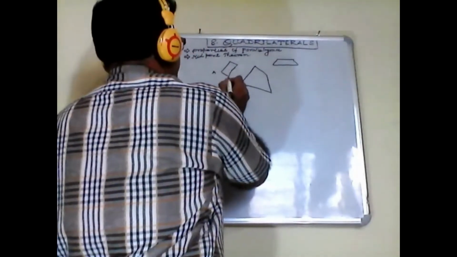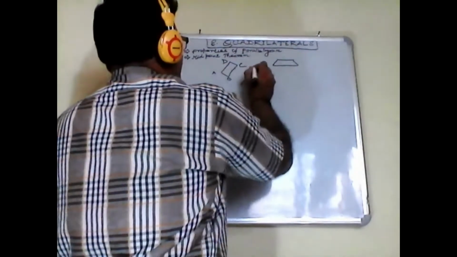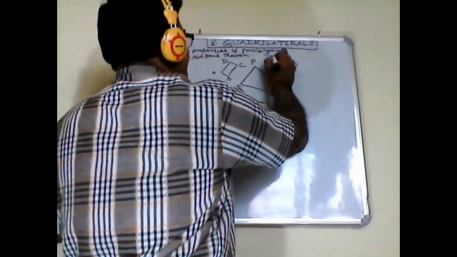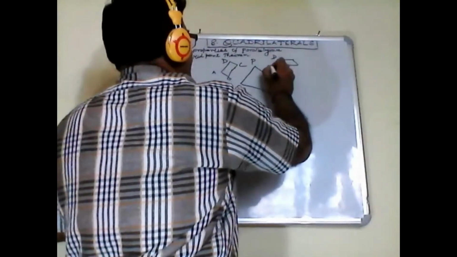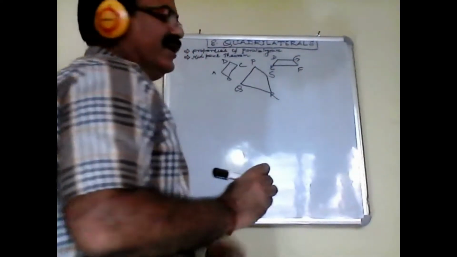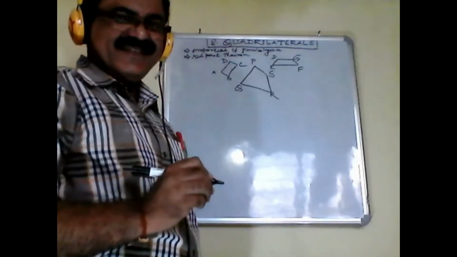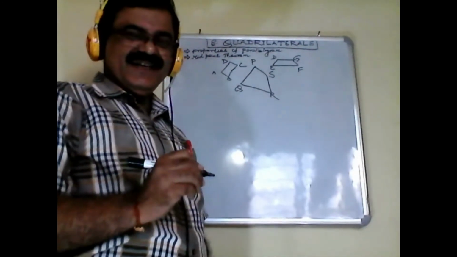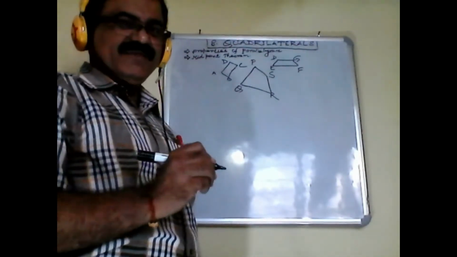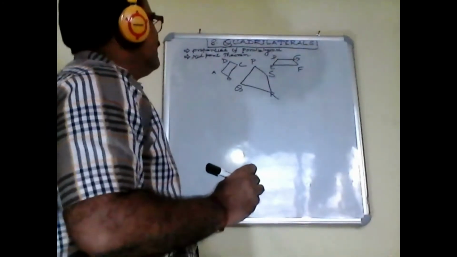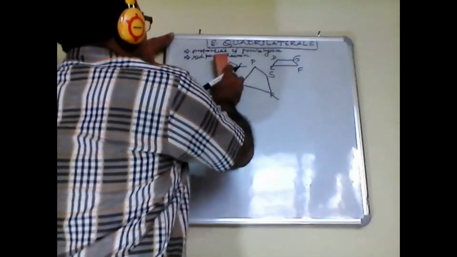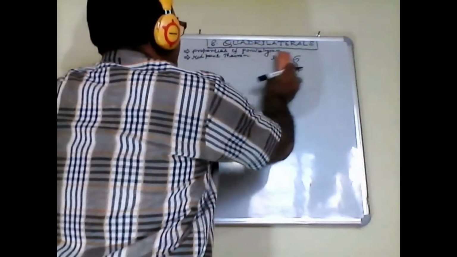Suppose it is ABCD, PQRS, DEFG. These are all quadrilaterals. That is, quadrilaterals are plane figures bounded by 4 line segments, and in these quadrilaterals we have to study one by one what properties they have.